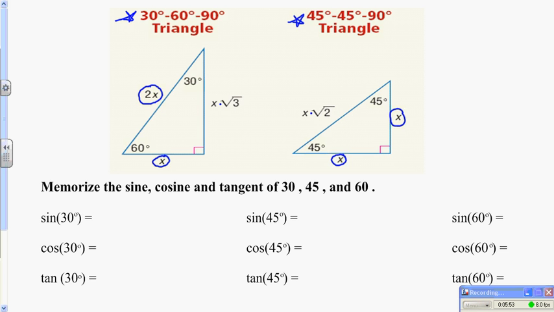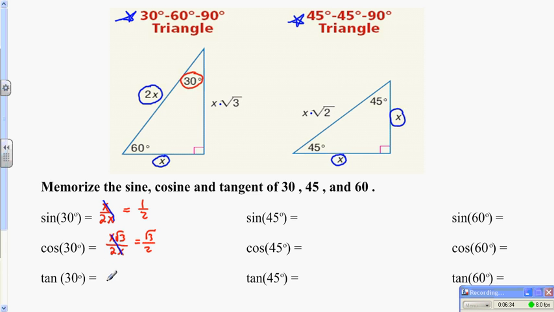So sine of 30, looking from here, sine of 30 would be opposite over hypotenuse, and that reduces to 1/2. Cosine of 30 is adjacent over hypotenuse, so x root 3 over 2x, and that reduces to root 3 over 2.